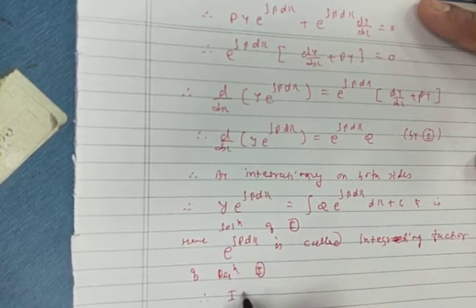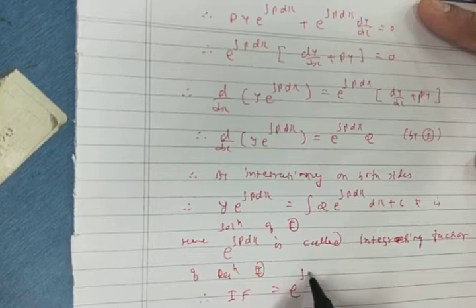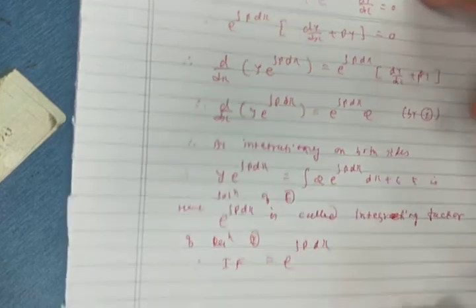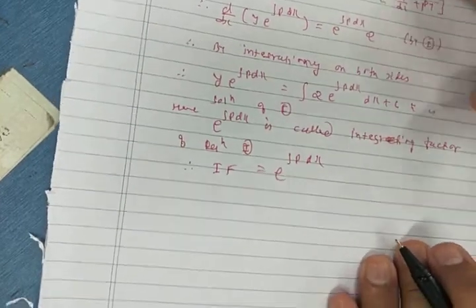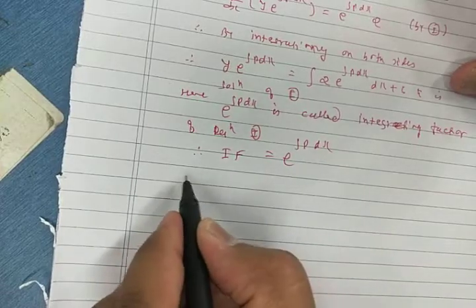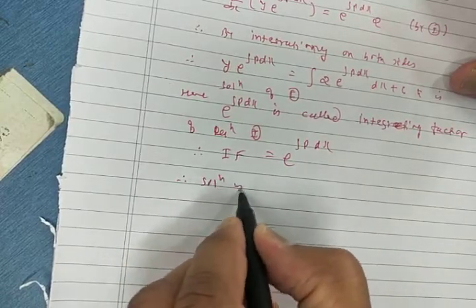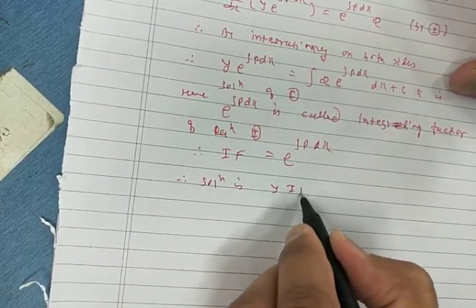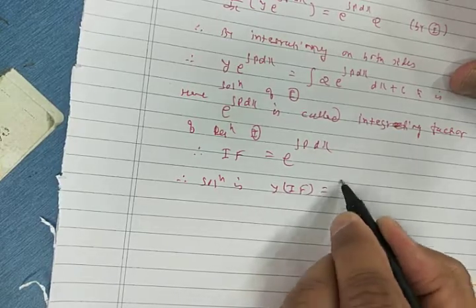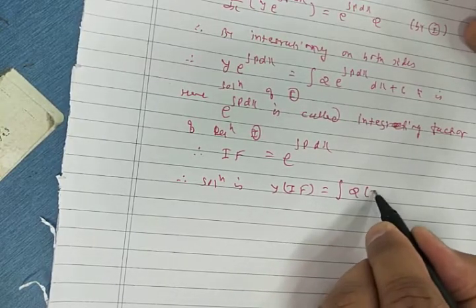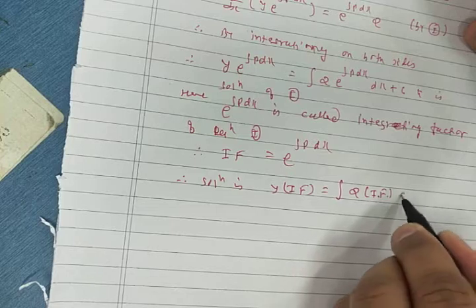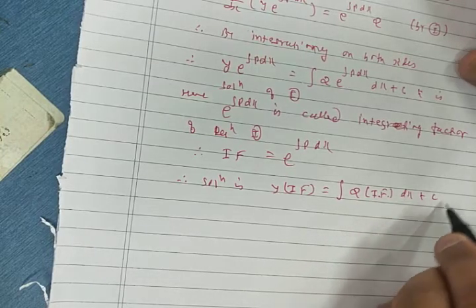That is, IF is equal to integral e raised to p dx. And therefore the solution is y into IF is equal to integral q into IF (integrating factor) dx plus c.